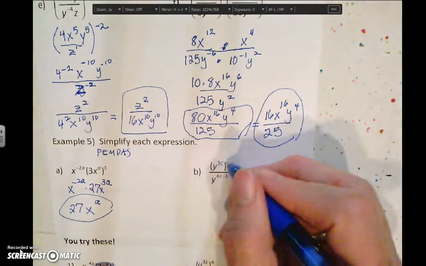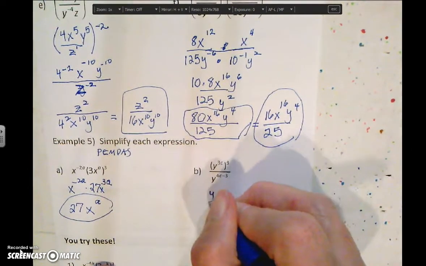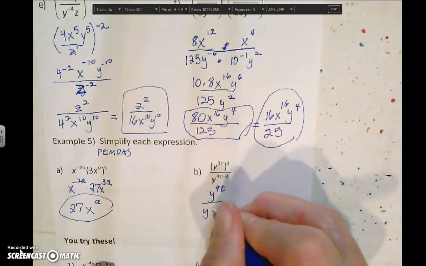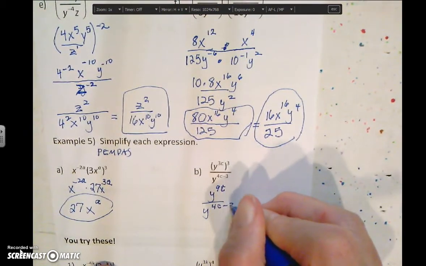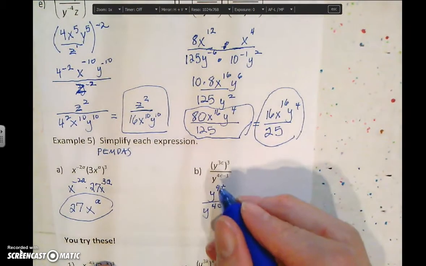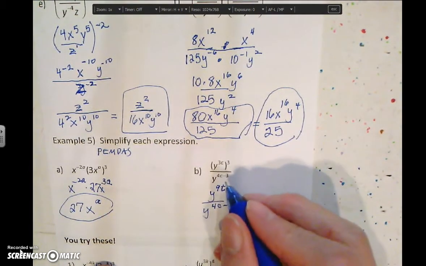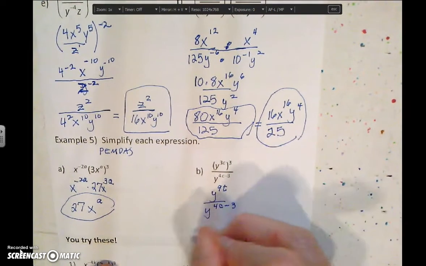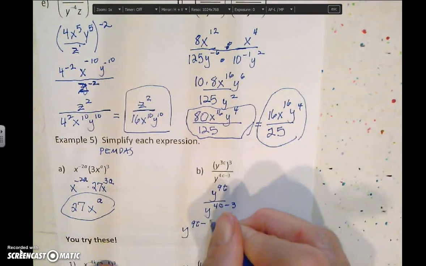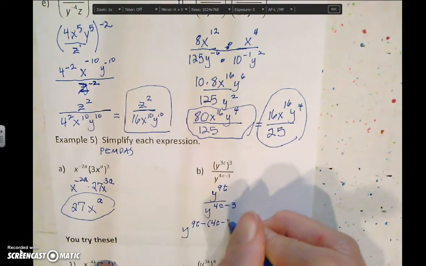Next one, I have a quotient power to a power. I'm going to multiply those exponents and get y to the 9t over y to the 4c minus 3. Then I'm going to subtract. So when I have division, I subtract with the same base. I'm going to subtract my exponents. So I'm going to have y to the 9t subtract 4t minus 3.